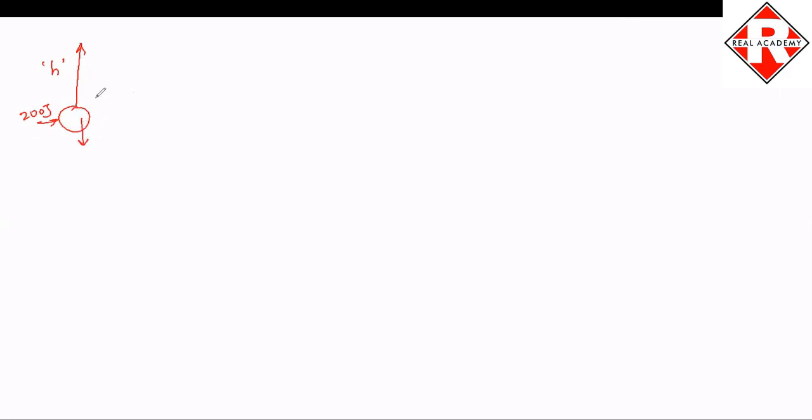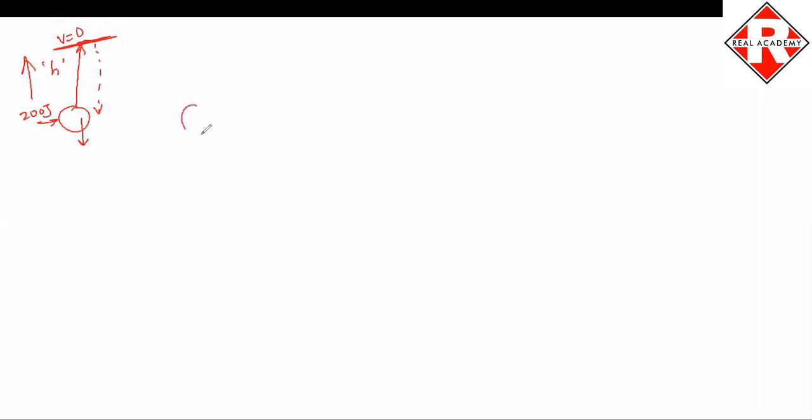But also I have applied some 200 joules energy into it. So the ball is balanced by another opposite force, and that is why it is going in the upward direction. It is set into motion, correct? But after some point, when the final velocity becomes zero, it will start coming downwards because of the force of gravity. That means till this point at least, the force of gravity was able to influence this object.